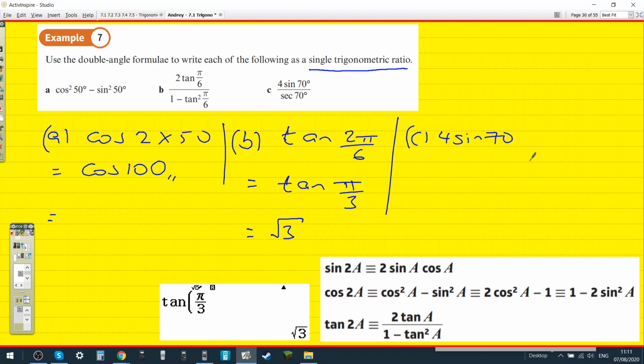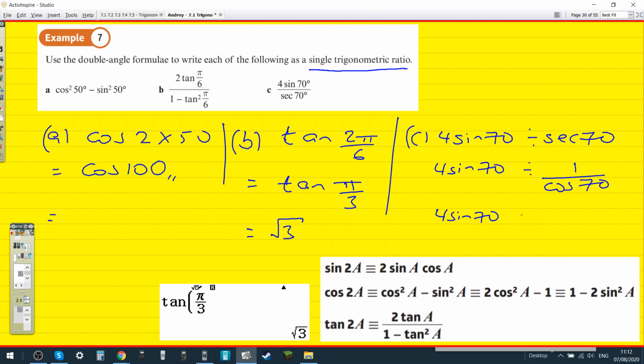And would that make it cos 70 over 4 sine 70? I will rewrite the question as divided by, which helps me with these things. 4 sine 70. Sec 70 is 1 over cos 70. So what do you do here? You flip. Yep.